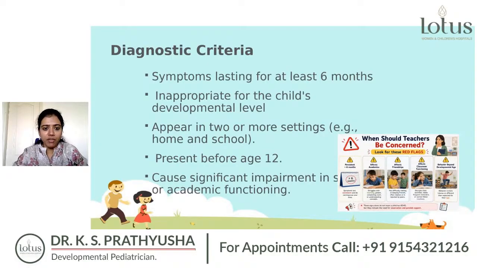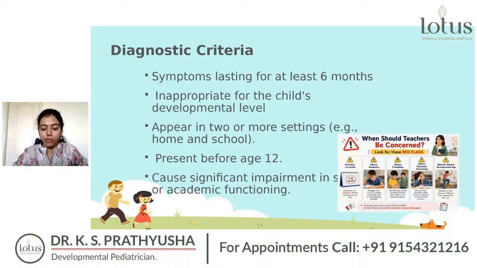So, we have discussed the core symptoms of ADHD: inattention, hyperactivity, and impulsivity. But in order to suspect ADHD, the child should meet the following diagnostic criteria. The symptoms that we just discussed should last for at least 6 months. The symptoms should be inappropriate for the child's developmental level.